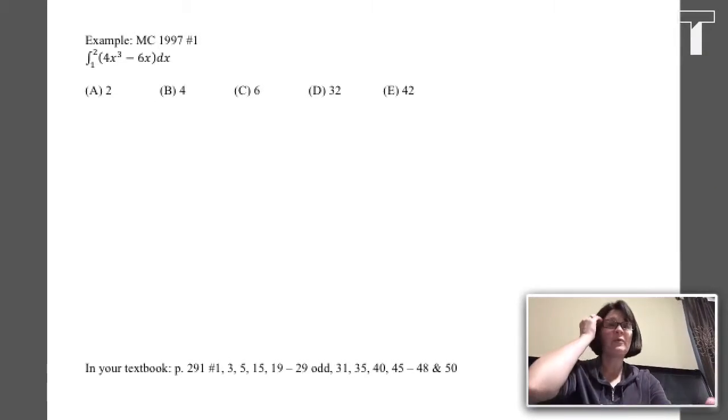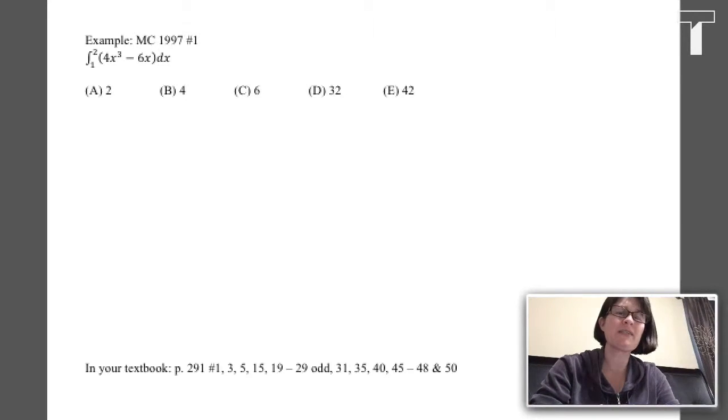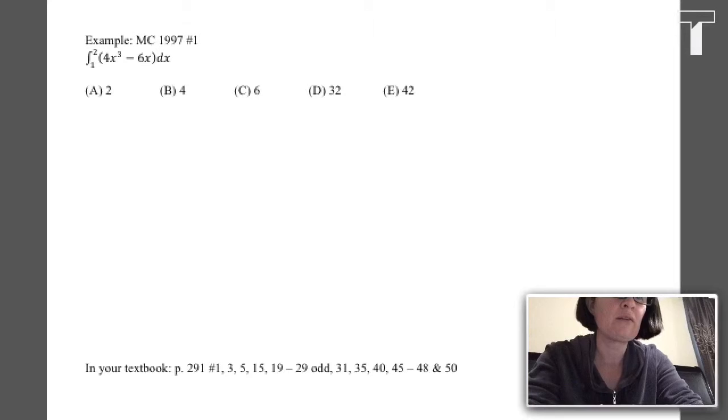All right, so last example problem here. This is from the released multiple choice test. The integral from 1 to 2 of 4x cubed minus 6x. I can evaluate this integral if I can find an antiderivative for 4x cubed. What would I take the derivative of to get 4x cubed? You can probably think of this.